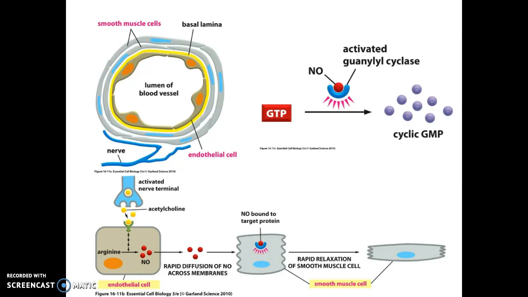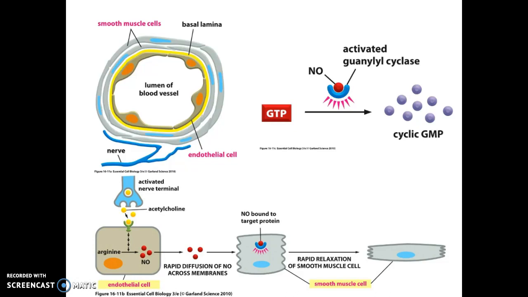And it turns out that the little blue pill that is famous for older people is an inhibitor of something called phosphodiesterase, and phosphodiesterase cuts cyclic GMP.